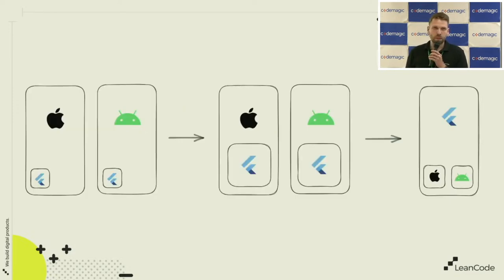So we might approach it with a strategy where we use Add to App to add some Flutter module into native applications. Then we can start rewriting more modules from existing applications to Flutter, and maybe eventually in the future we'll be able to switch completely to make it a Flutter app, possibly with some native stuff in there.